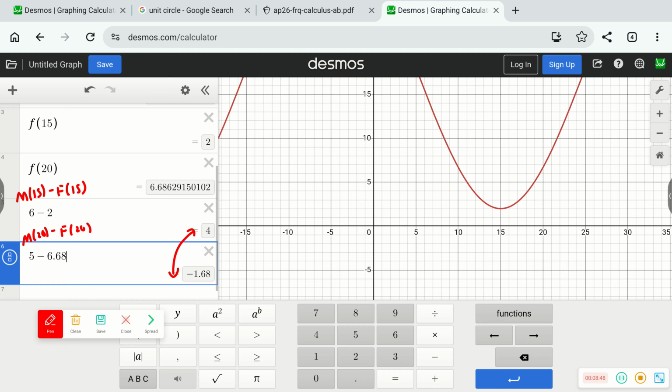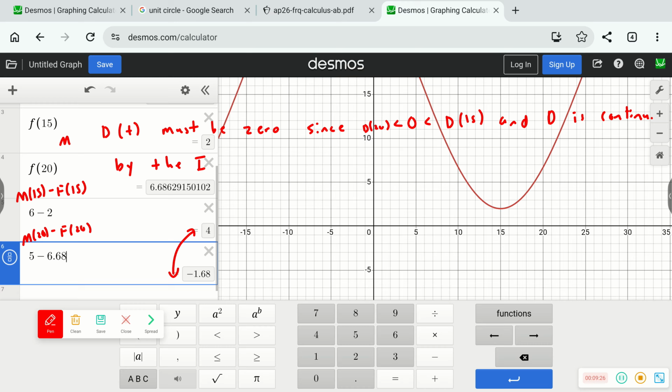So yes, we would say something along the lines of d of t must be 0 since 0 is between, it's actually less than d of 15 but bigger than d of 20, and d is continuous, by the IVT.